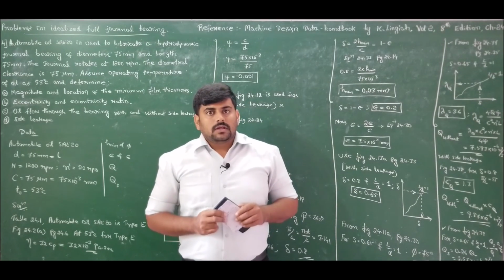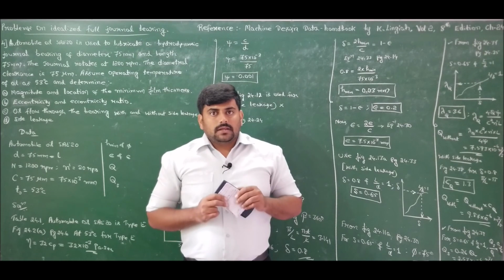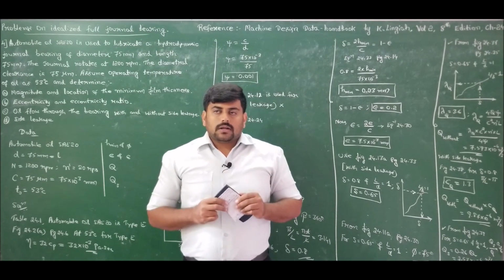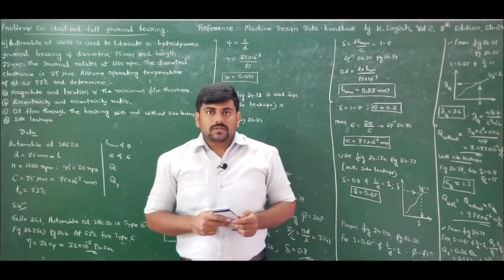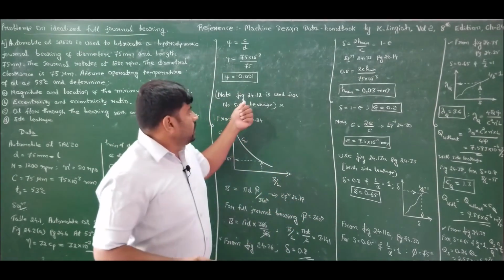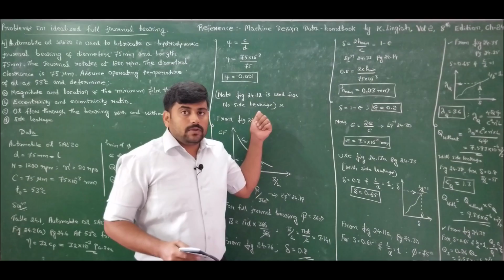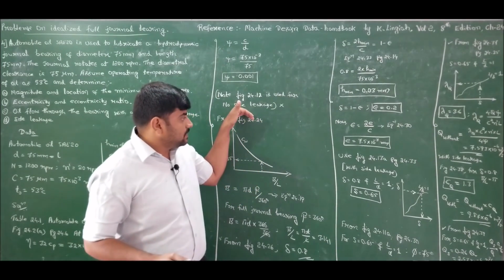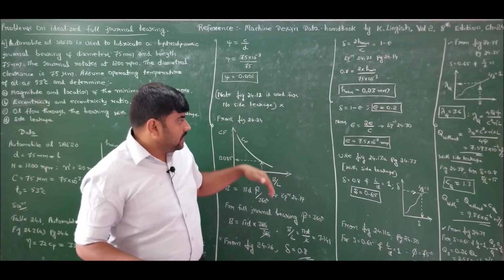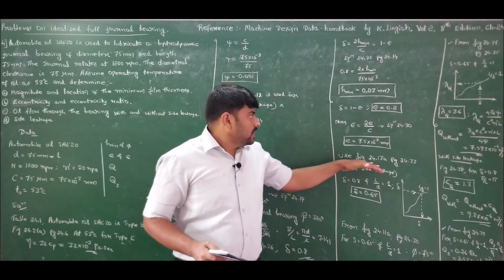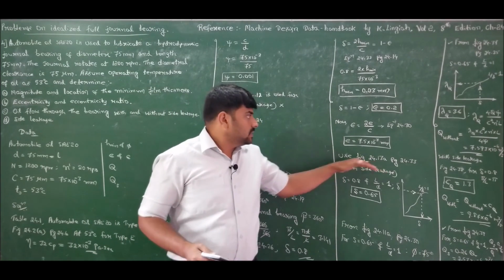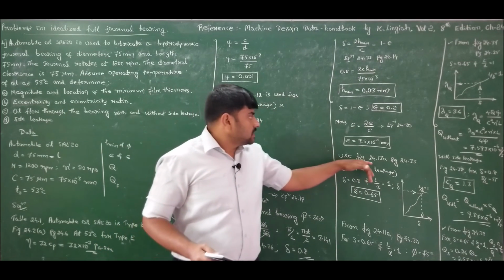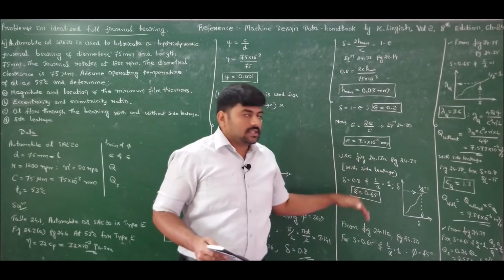Always remember, whenever we want to find the position of minimum film thickness or Sommerfeld number or minimum film thickness, we always make use of graph 24.12. This graph should be used if and only if there is no side leakage. Whenever the side leakage is specified, to find Sommerfeld number, I should always go for figure 24.13a. So 24.12 is without side leakage, whereas 24.13a is with side leakage.